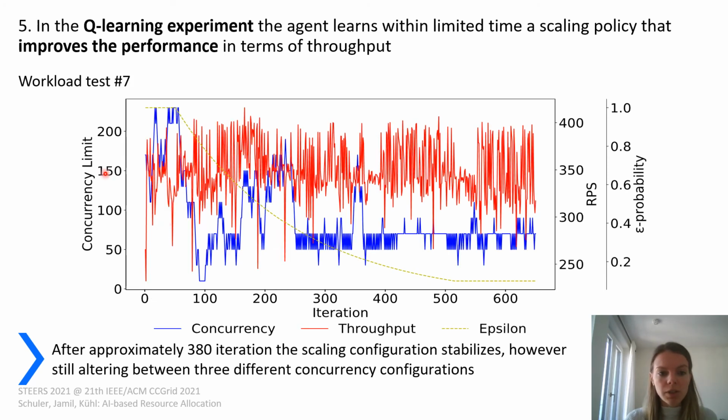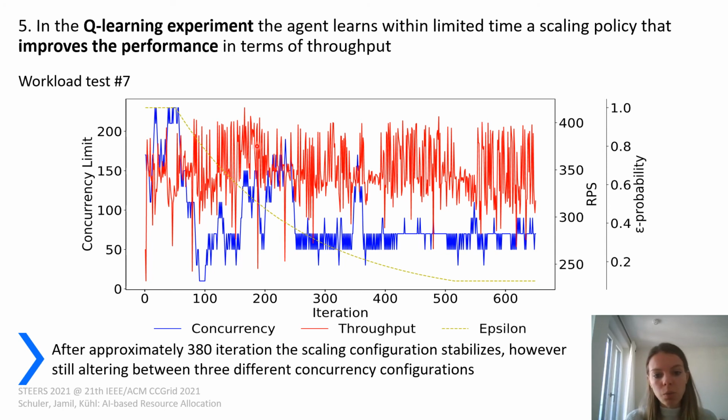When we look at the results of a different workload test, for example, workload test 7, we see a completely different picture in the learning progress itself. But also in this case, the agent learns within a limited time a certain scaling policy and narrows down the concurrency options. In this case, we can see that there's much more variation in the throughput values in red, and also the range in which the throughput values lie is much smaller, which makes it much more difficult for the system to identify which specific concurrency limit yields the highest throughput or the best performance.